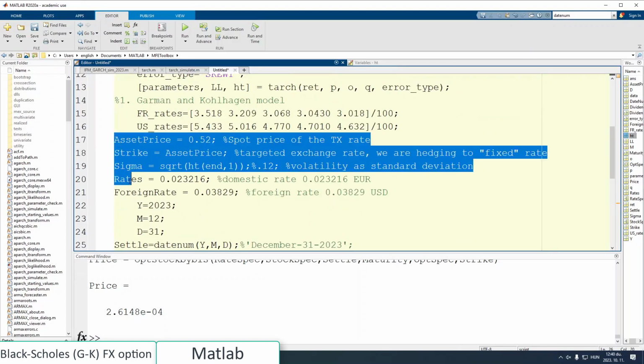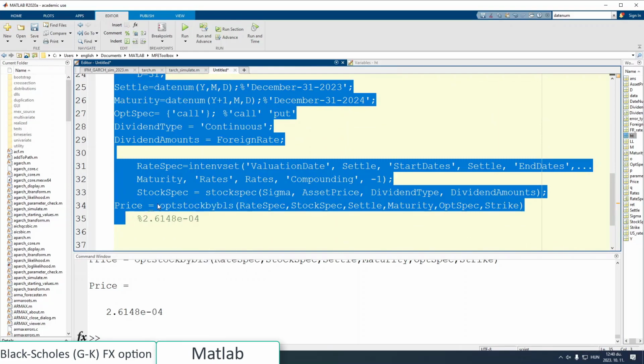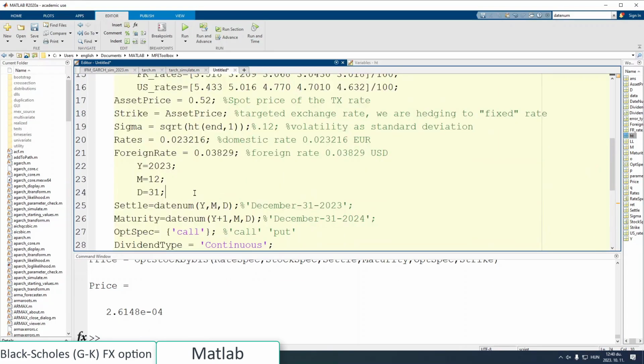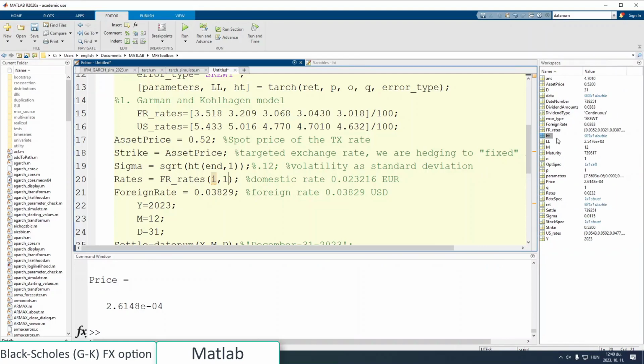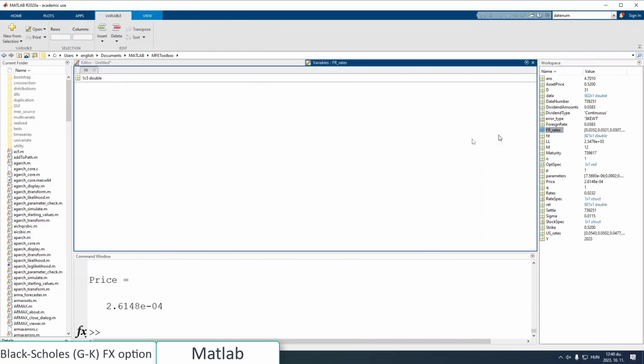So let's check again, can you run? Yes, you can run. Perfect. Now we can say that, okay, French rates should come here. Oh, sorry, I1. Is this a row vector or a column vector? Because it's quite necessary to see.